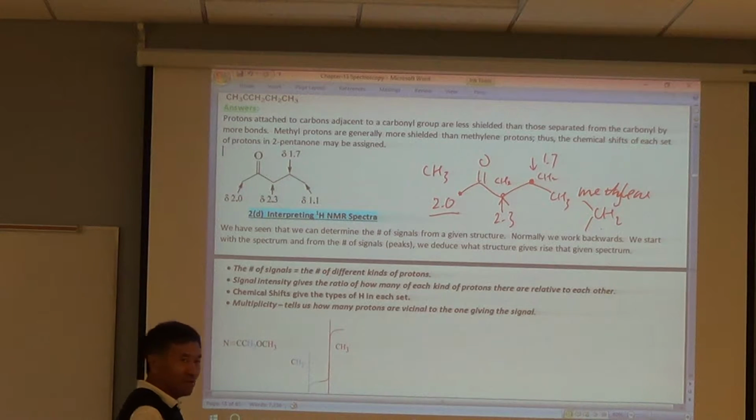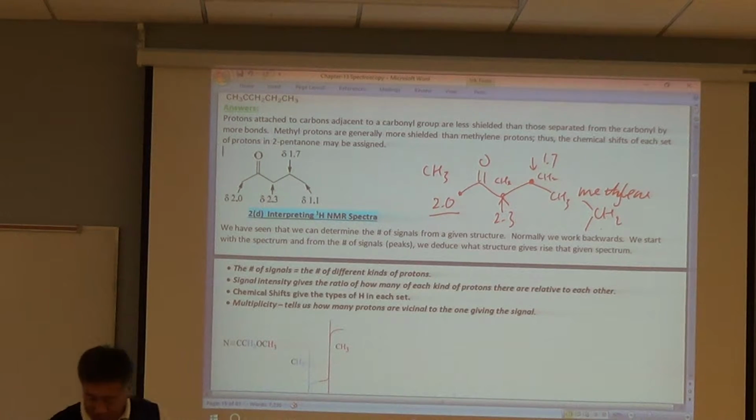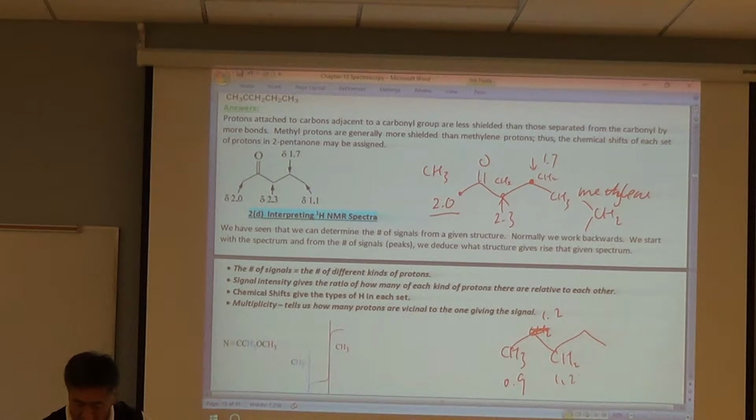Okay, now let's clarify that again. Usually, if I give you a structure like this, no carbonyl, and this is CH3 here, and this is CH2, this number will be somewhere like 0.9, and this will be 1.2. Maybe better put it here. This is CH2, and this is also CH2, and both of them will be somewhere like 1.2.